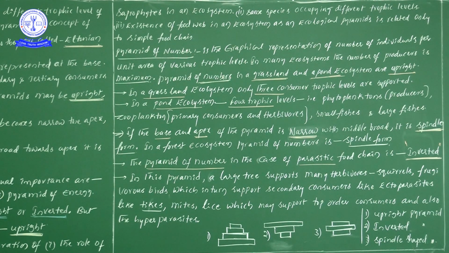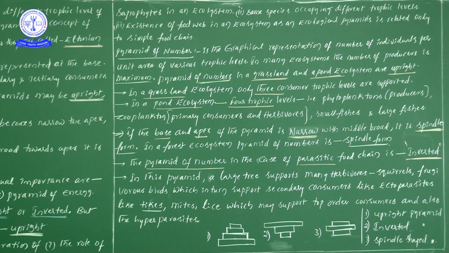So before we start to learn the pyramid of number, once you come down and see, what is the information? Now in this particular diagram, at the lower trophic level, try to watch the spotlight. This one is primary producers, next primary consumers, secondary consumers, tertiary consumers.